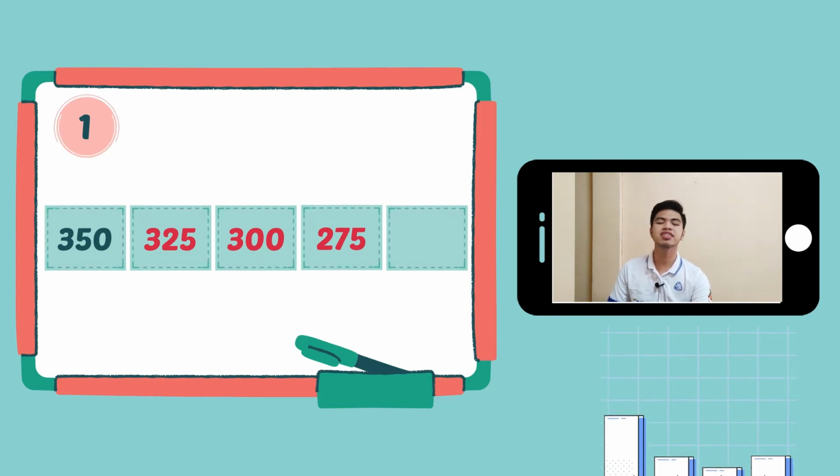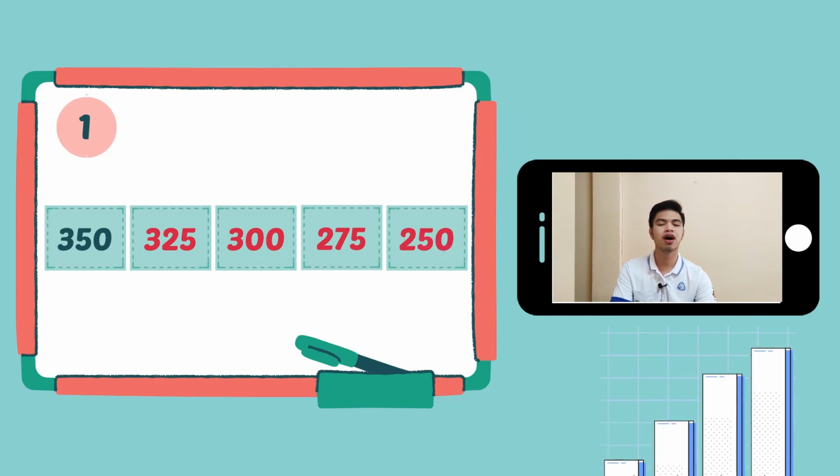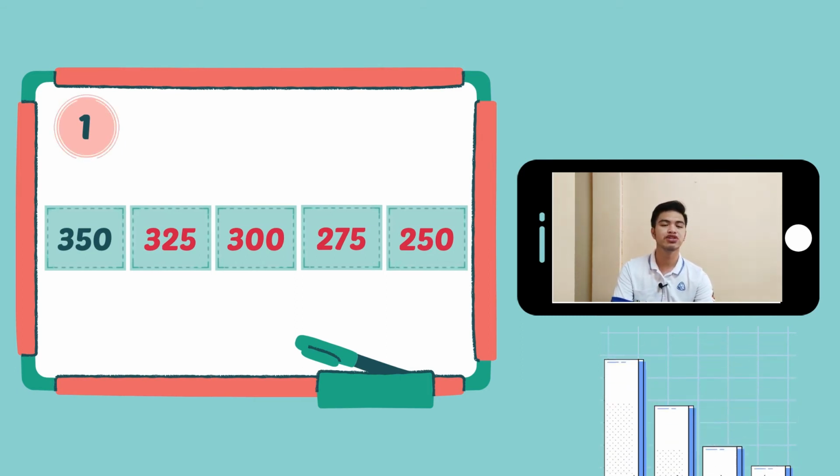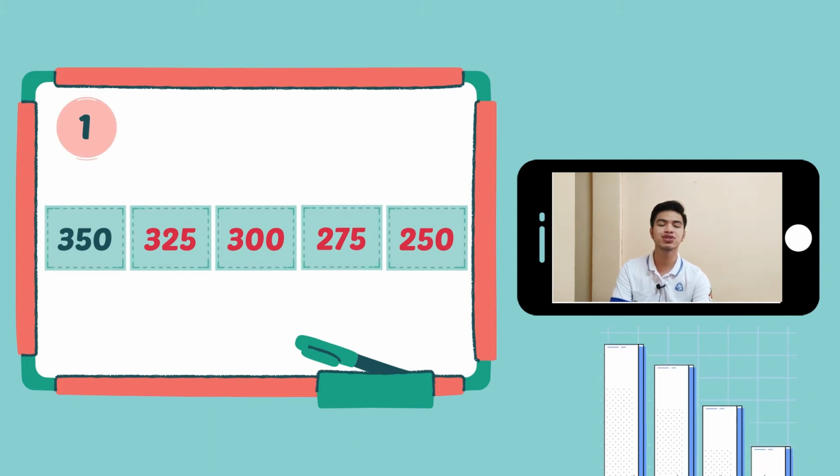And then 275 minus 25 will be 250. Therefore, we have the pattern 350, 325, 300, 275, and 250 for the item number 1.